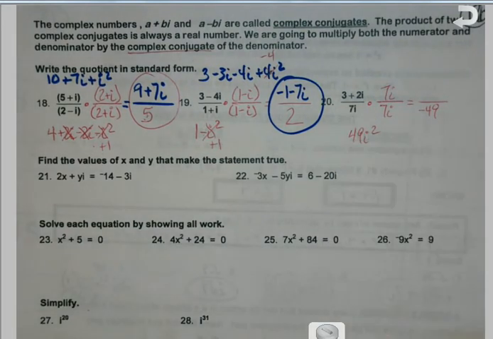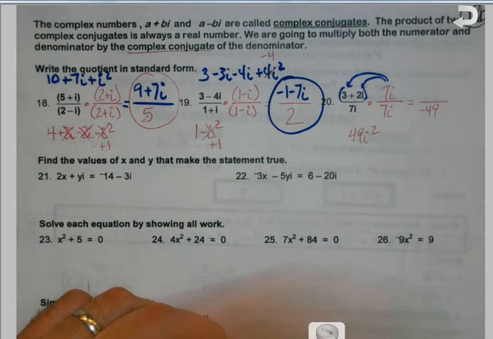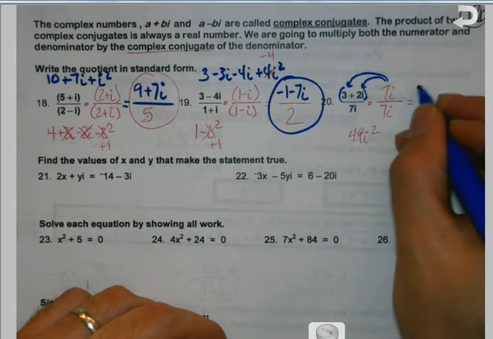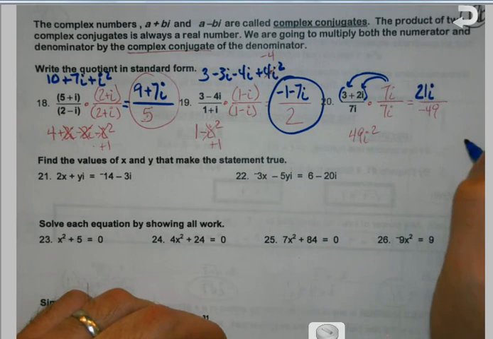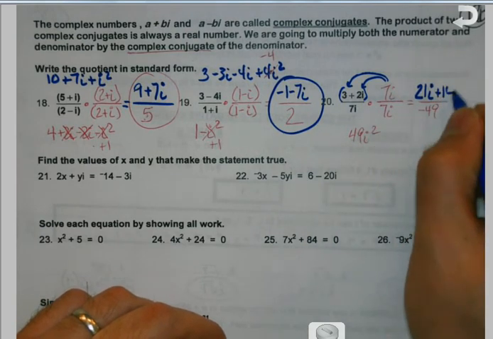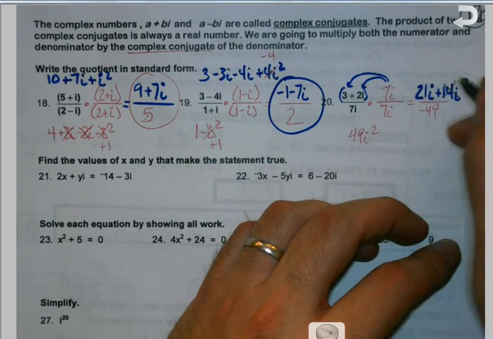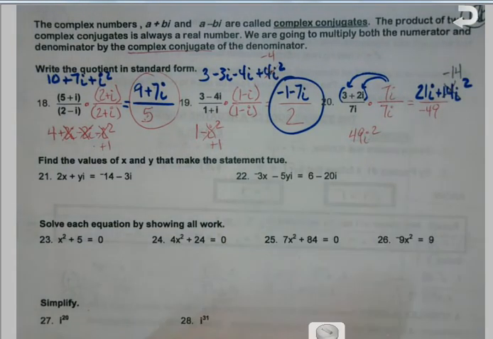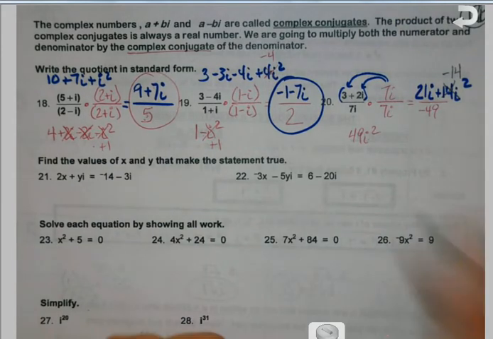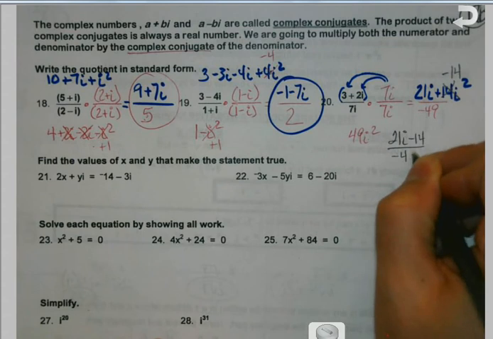When I multiply up top, instead of foiling, I'm going to distribute. 3 times 7i is 21i. 2i times 7i is 14i squared, but I know better. I know that i squared really just makes this whole term minus 14. But here's where I gotta watch it. Let me rewrite it in its form here and see what else I might be able to do.